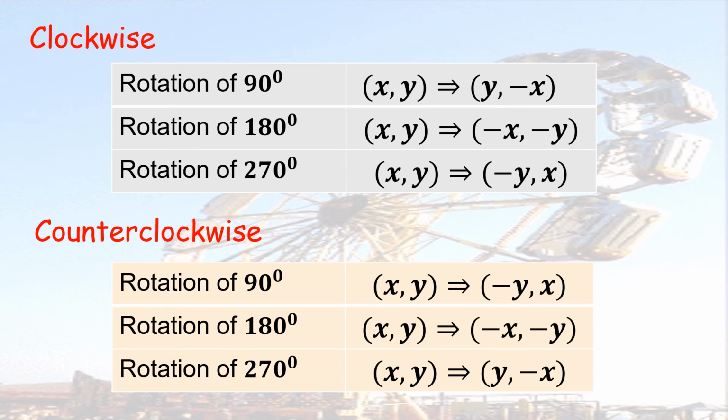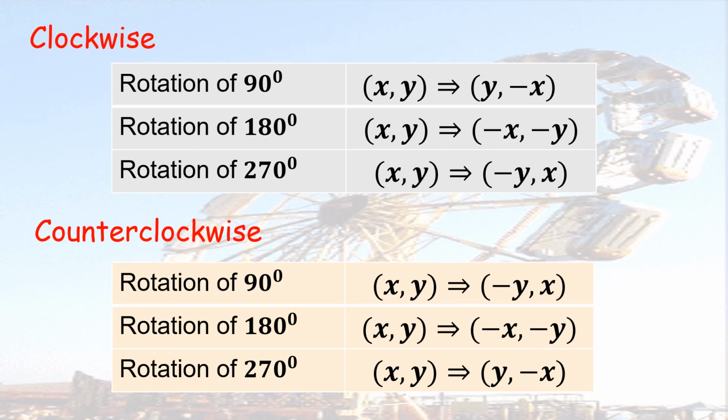To summarize the two types of directions and the different rotations: under clockwise direction, rotation of 90 degrees, (x, y) will become (y, -x). Rotation of 180 degrees clockwise, your (x, y) becomes (-x, -y). Rotation of 270 degrees clockwise, your (x, y) becomes (-y, x).